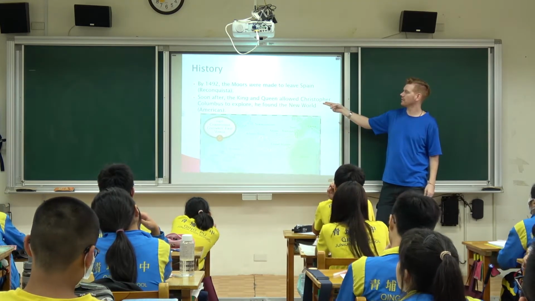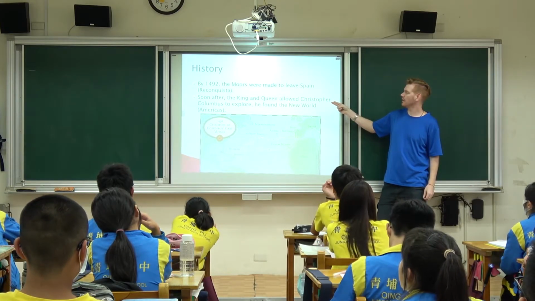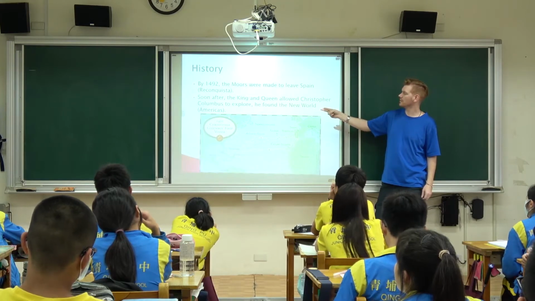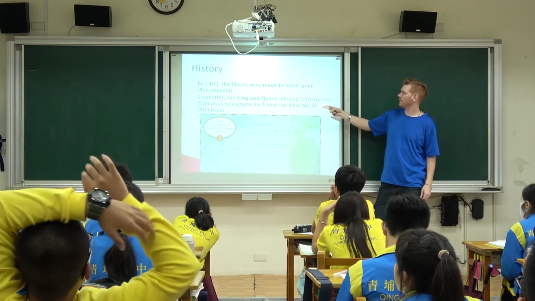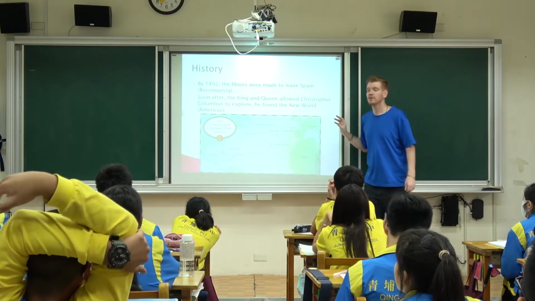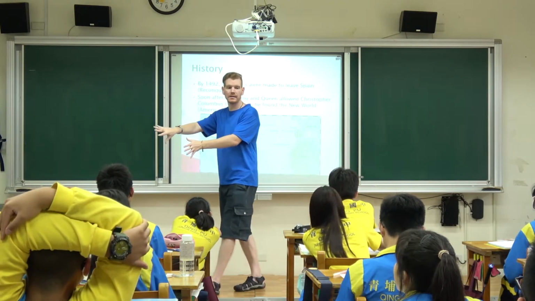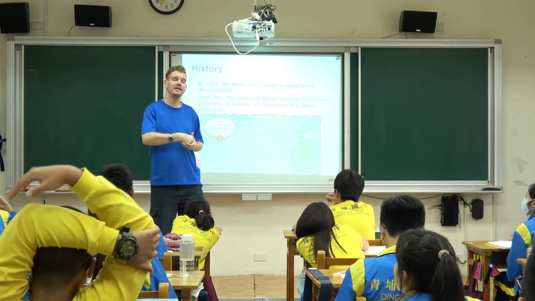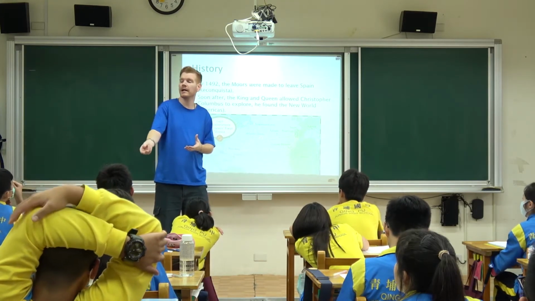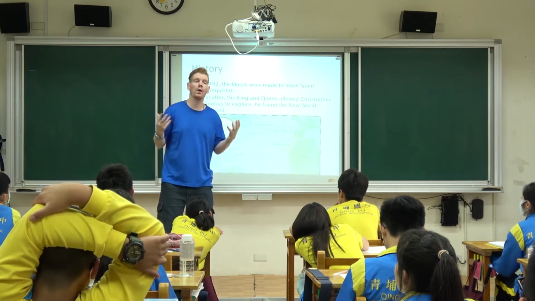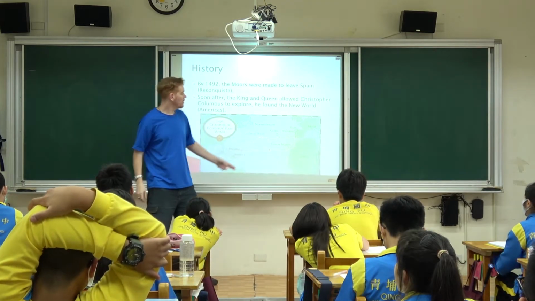Soon after, the king and queen allowed Christopher Columbus to explore. He found the New World. So after they made the Moors leave Spain, the king and queen gave some money to Christopher Columbus and said, go look for stuff, go explore.